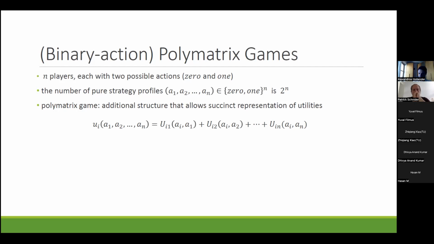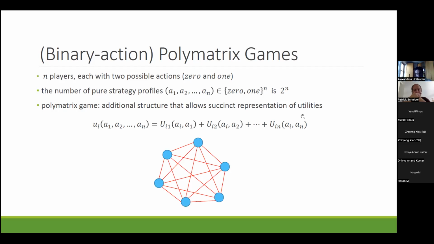And this then gives a succinct representation because you just have to specify what these individual games between the players look like. And there's just n squared of these games, and they're just 2 by 2. There's two actions for each player. So you can think of these as just being 2 by 2 matrices, and you just need n squared of those 2 by 2 matrices to represent the whole game, which is efficient compared to 2 to the n. Okay, so these are games with this natural structure that makes them succinctly representable and thus interesting to study.